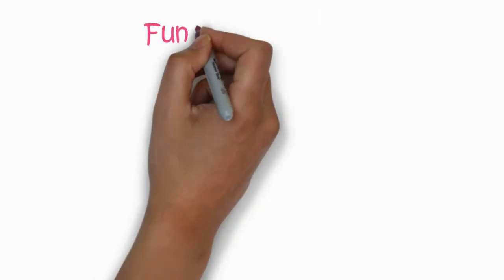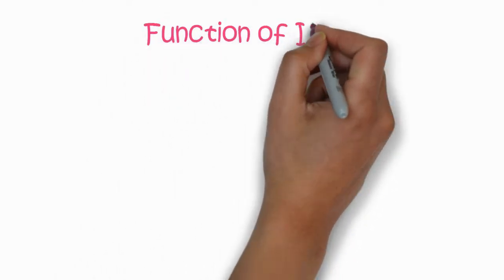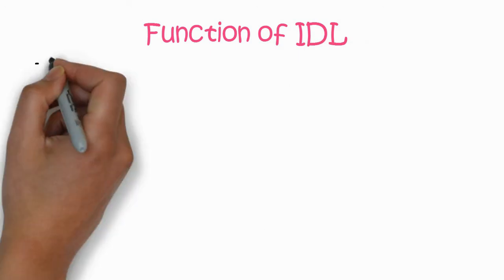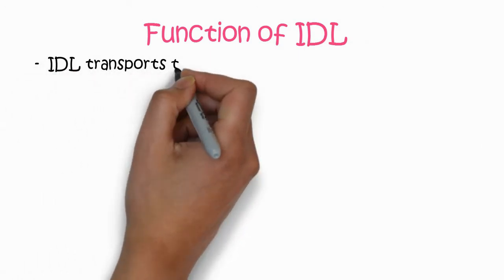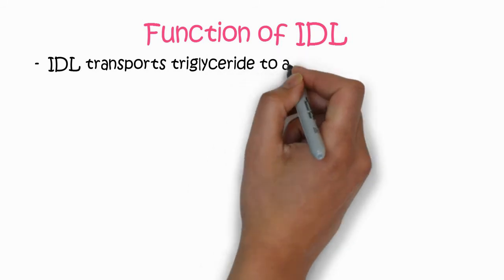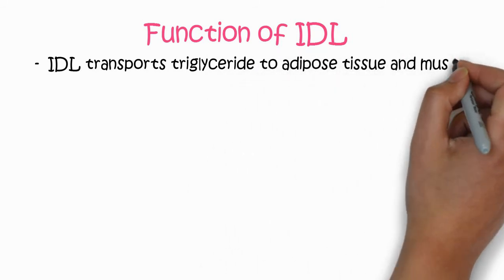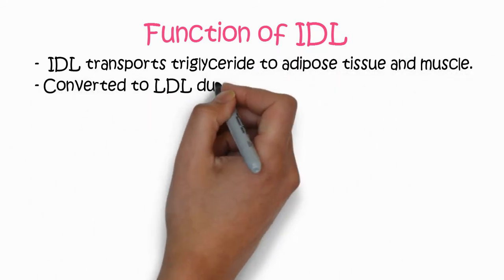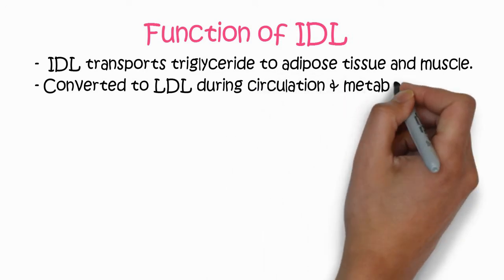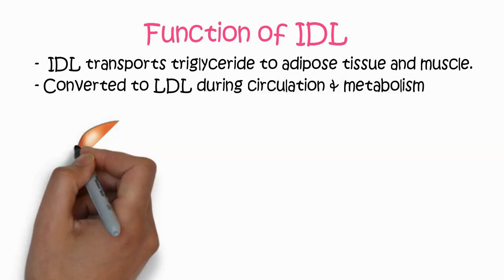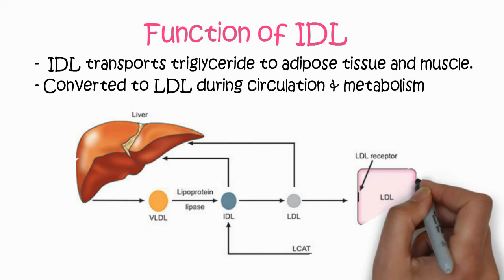They are metabolized by either endocytosis or by lipase. Function of IDL. IDL basically transport triglycerides to adipose tissue and muscle. They are converted to LDL during circulation.